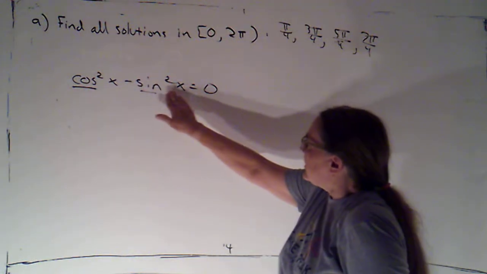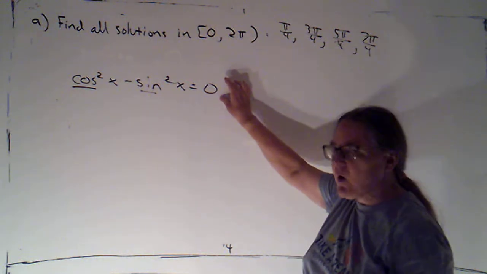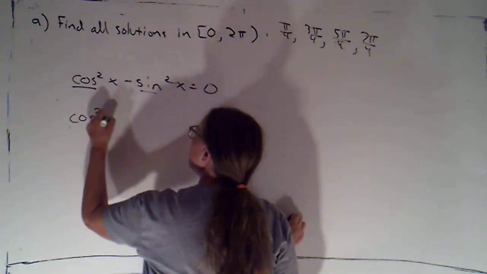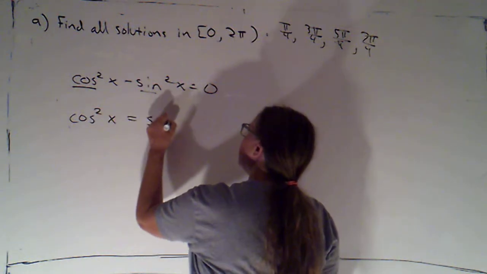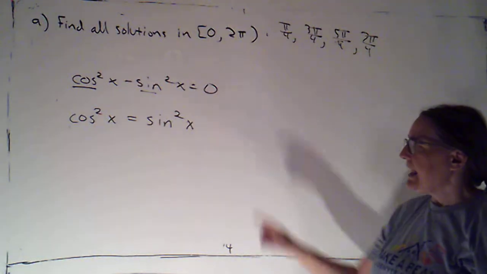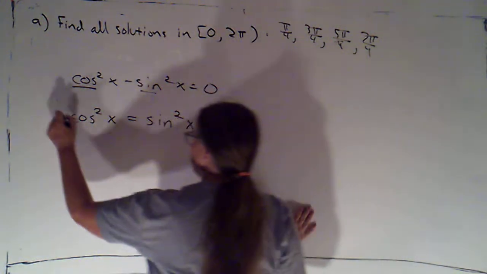Now, here, I just got 2 terms on the left and 0 on the right. If I were to just add over, cosine squared x equals sine squared of x, and then take the square root of both sides.